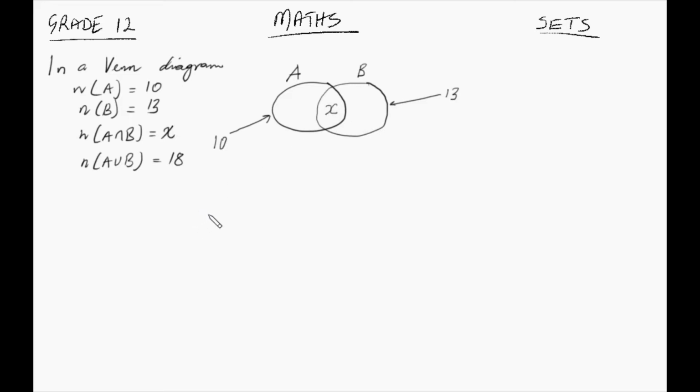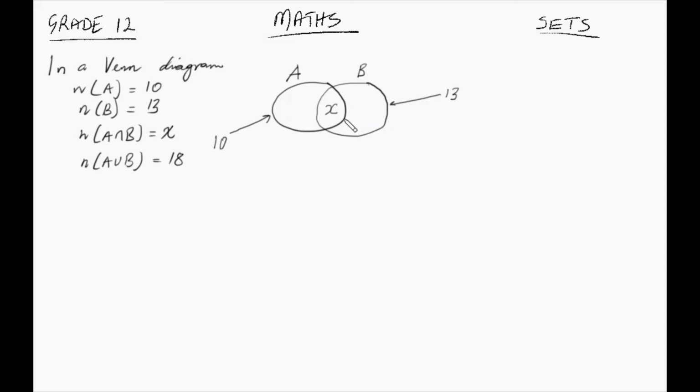Now we have n of A union B equals 18. So when you add the members in the whole region, their total should be 18. That means we need to know the number of members in this region and in this region.